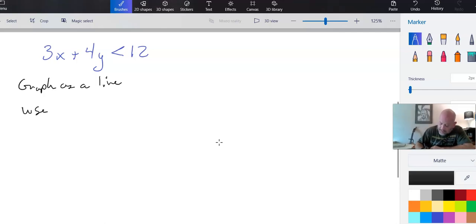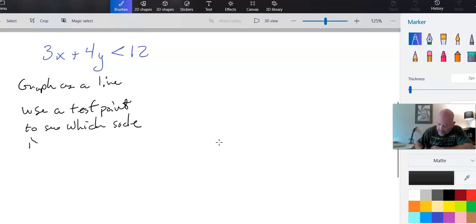Use a test point to see which side is true. Sorry about my handwriting. Right? So that's the first thing you do.